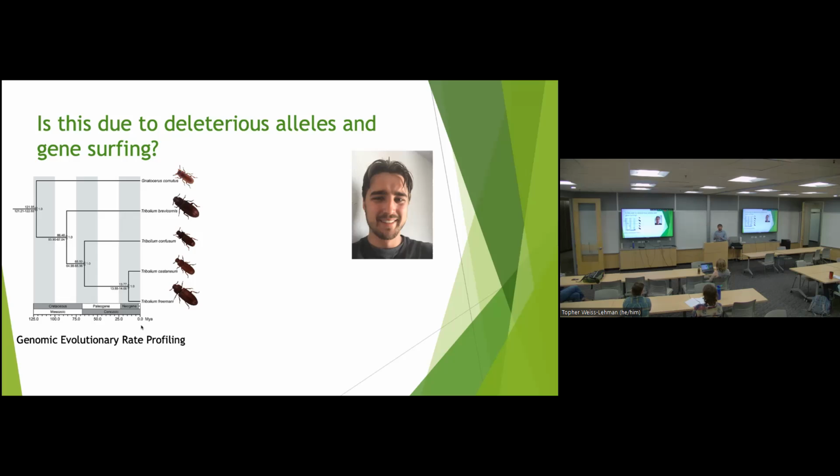What this means is he's building a phylogeny of these beetles related to Tribolium castaneum, and then using that phylogeny, assessing rates of neutral evolution at various locations in the genome and identifying areas where there are more rejected substitutions than you would expect by purely neutral mechanisms. Essentially, this allows us to identify areas that are putatively under some type of purifying selection for a specific allele value that seems to be conserved in this clade.